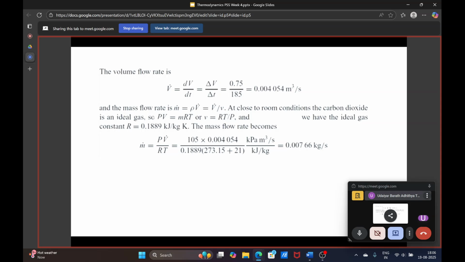Now we know that mass flow rate, m dot, is rho times v dot, or v dot divided by specific volume. So we need to find density or specific volume. So we'll use the ideal gas equation. So m dot is p times v dot by RT.